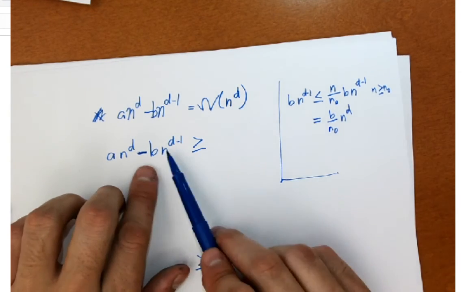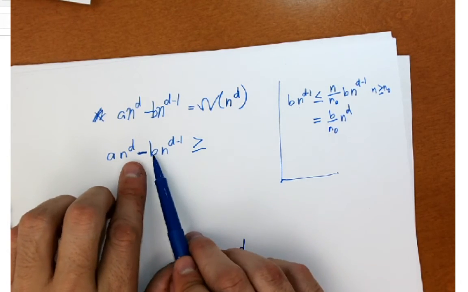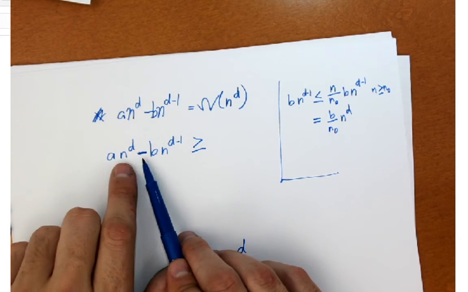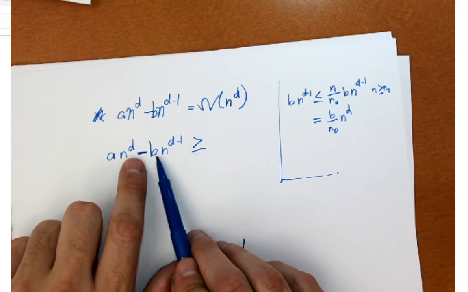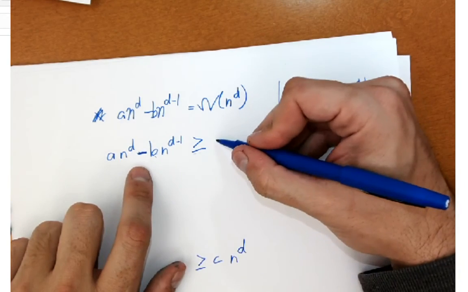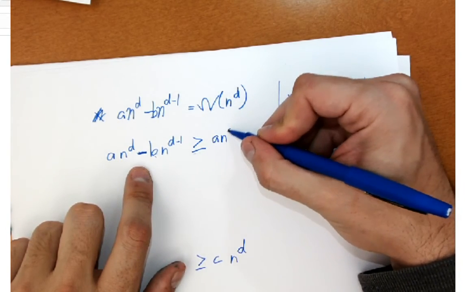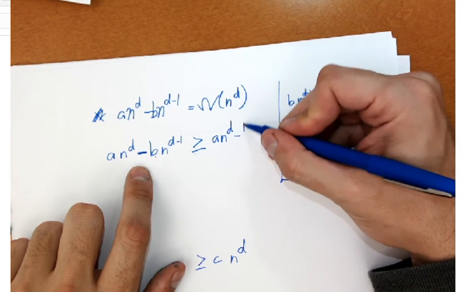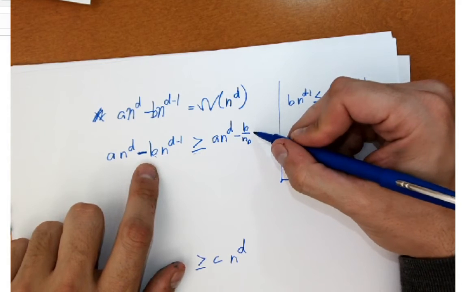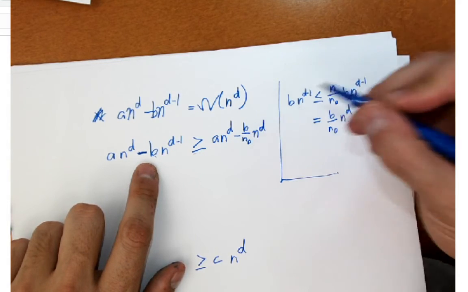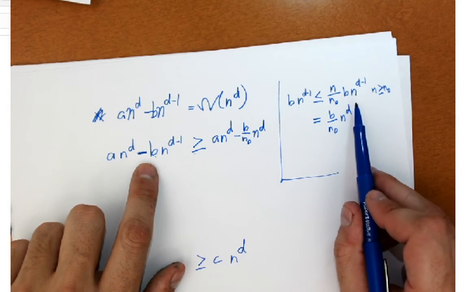Now we're subtracting this over here. So we say a n to the d minus b n to the d minus 1 is going to be bigger. This is getting subtracted out. Then a n to the d minus b over whatever choice we pick for n naught. We just kind of used that, right?